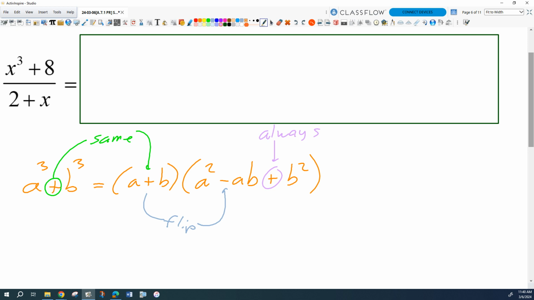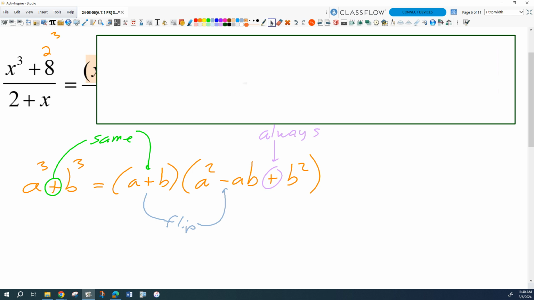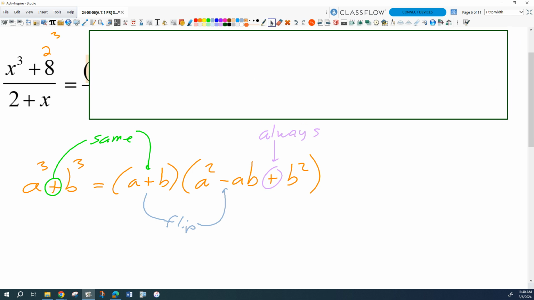a sum of cubes? How do I need to rewrite the 8 maybe to think about this? 2 cubed. Okay, so A is x and B is 2, right? And we just follow our pattern, substituting x and 2 in for A and B in our pattern. On the bottom, because these are 2 things being added, for addition we can commute things.